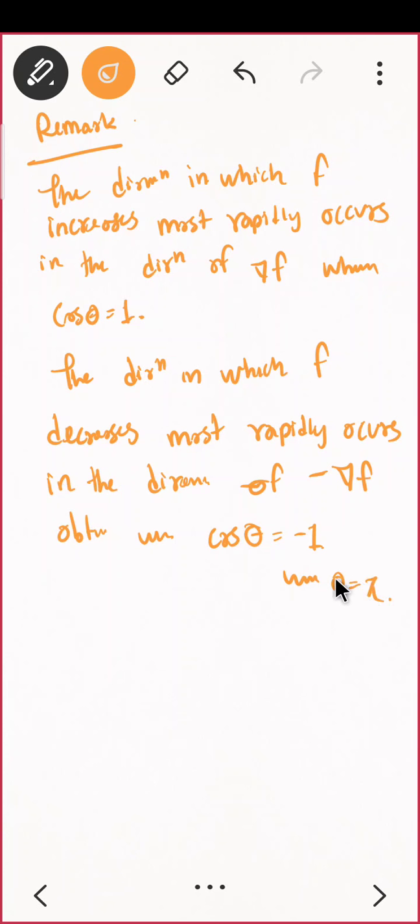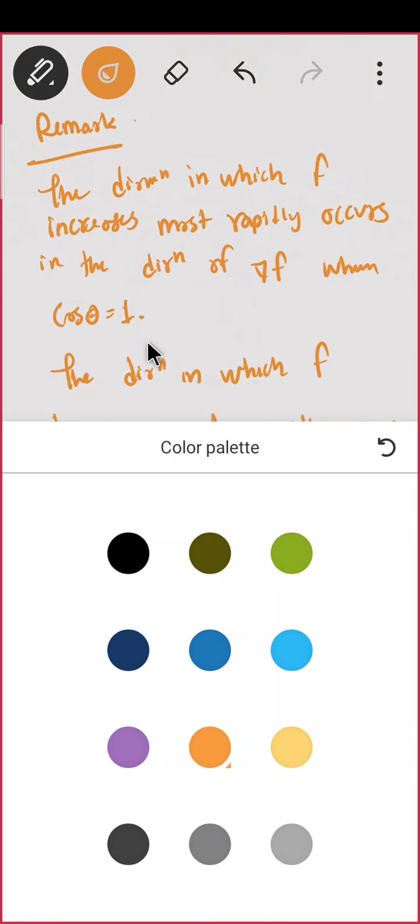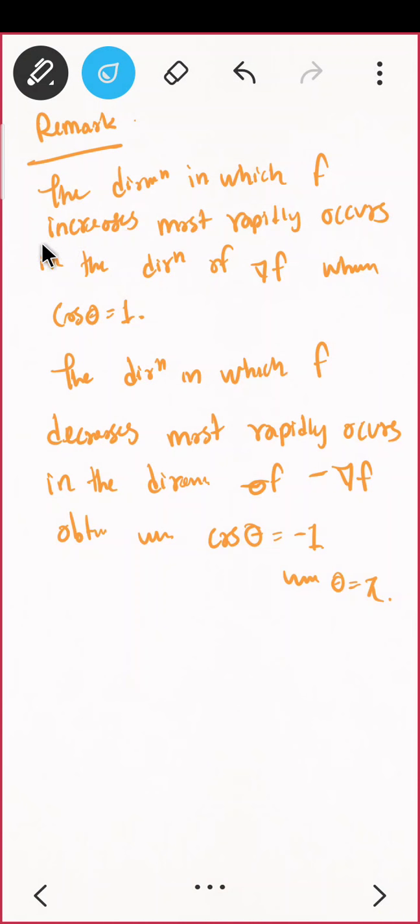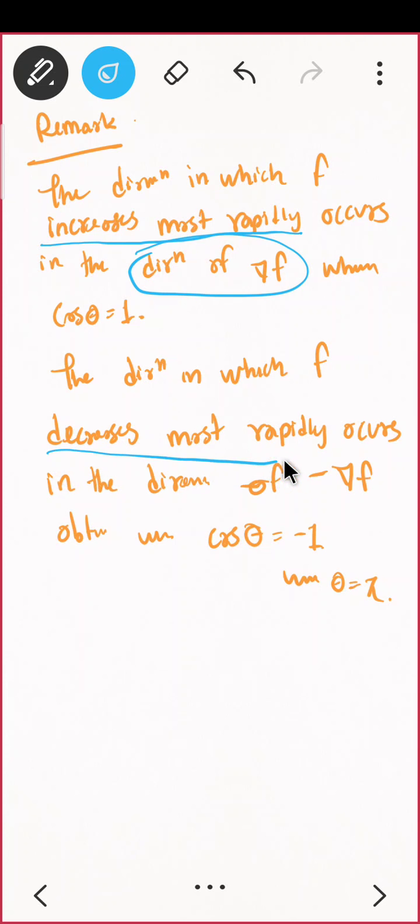Correct? So these two things, remember. Increases most rapidly in the direction of del f and decreases most rapidly in the direction of minus del f. Correct?